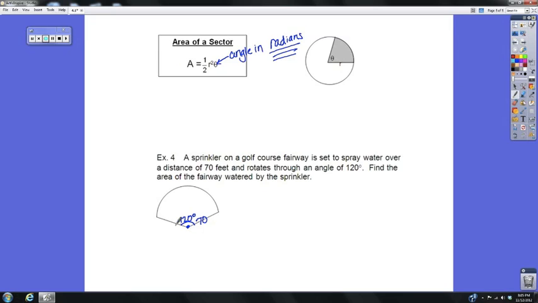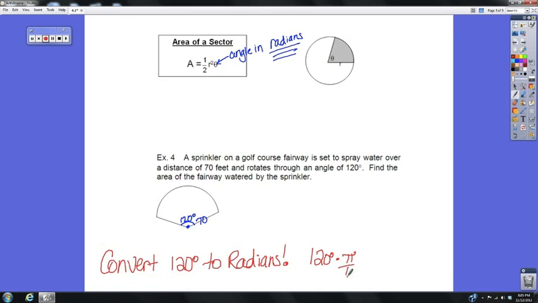Hopefully you're already thinking ahead of me. What's the first thing we need to do? Convert. Convert 120 to radians. So 120 degrees times pi over 180 would turn into 2/3 pi.